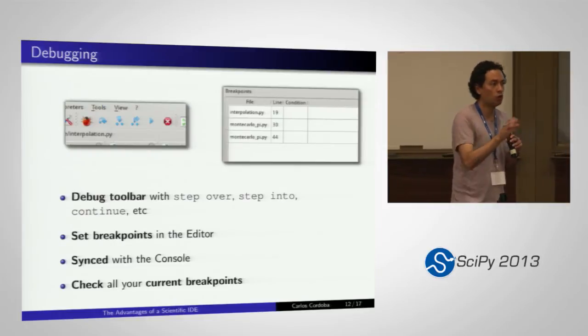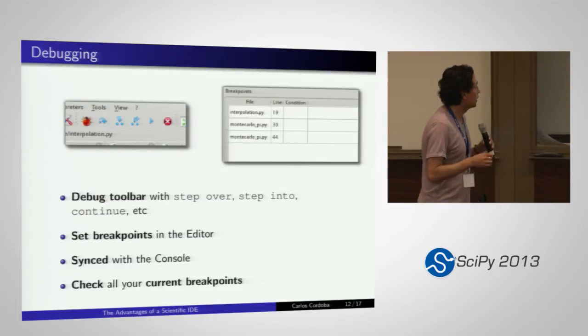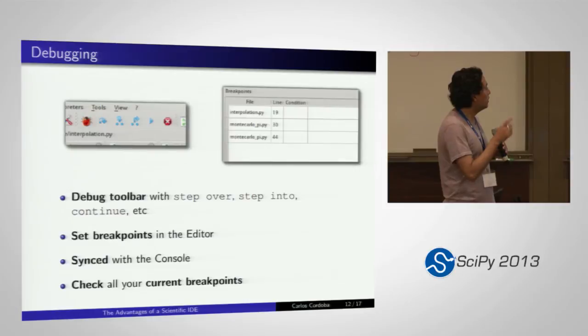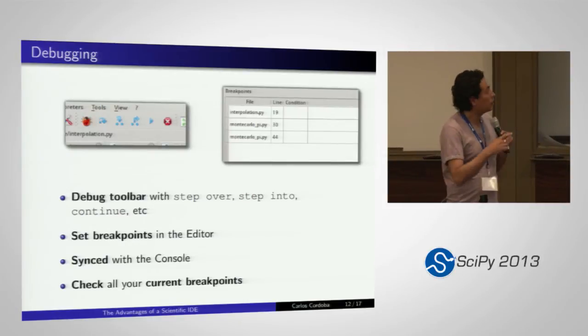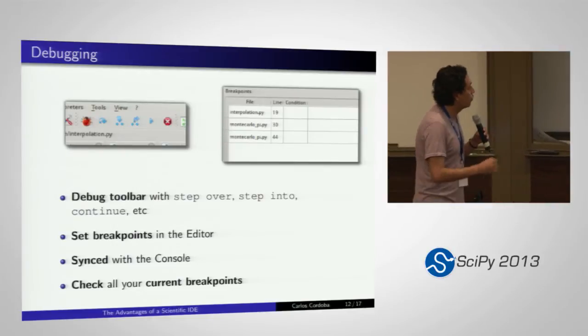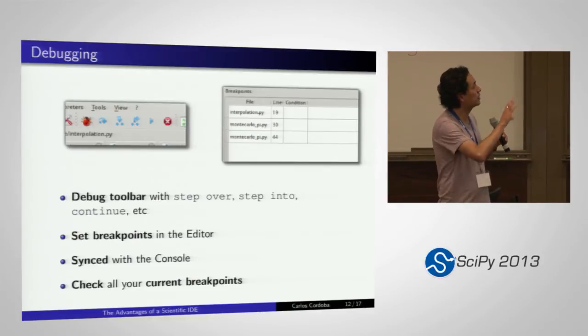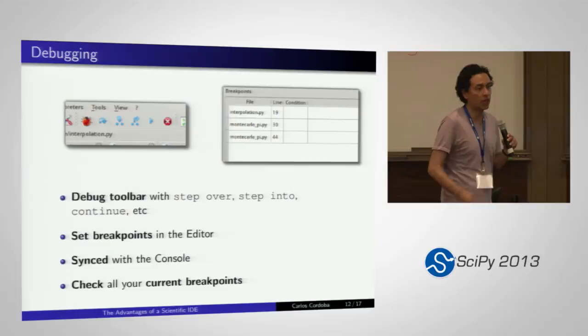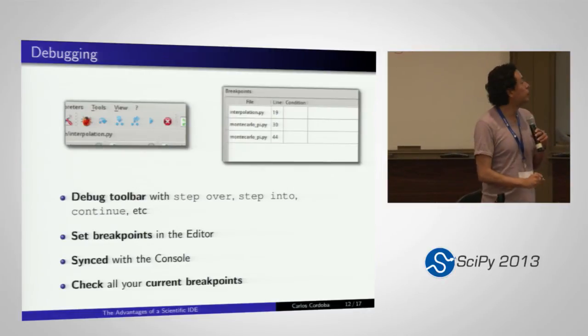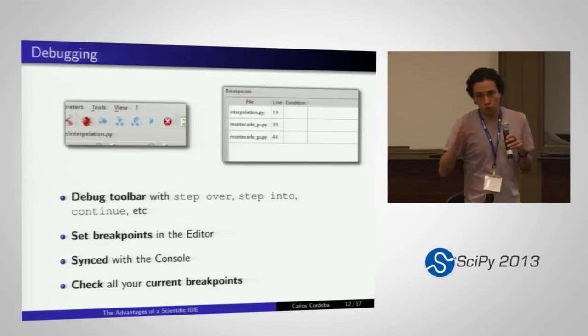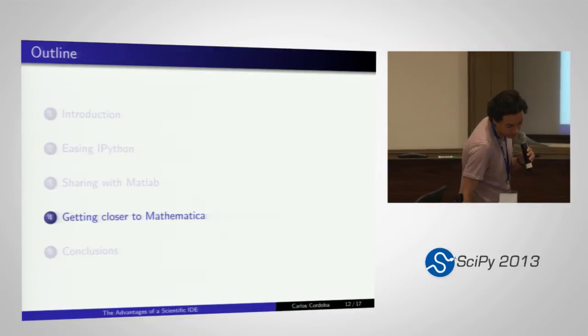No need to go out and start PDB separately. And also the user can check all the currently defined breakpoints using what we call a breakpoints widget or breakpoints plugin, as can be seen in the picture on the right. From that widget, he can remove all breakpoints or remove them one by one if he wants.